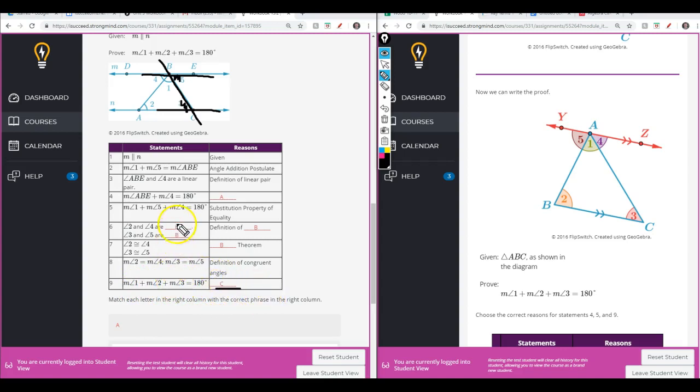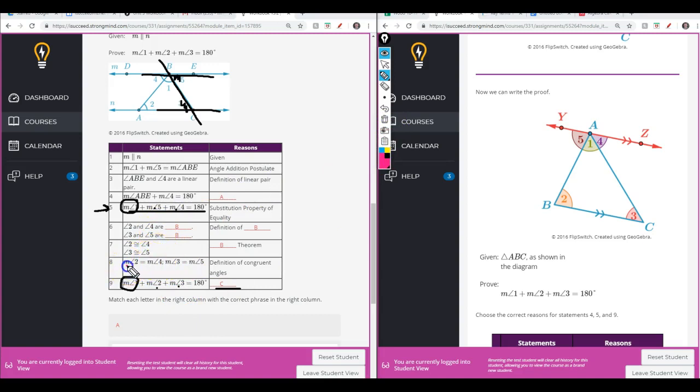If I'm going to continue using context clues and I look up here at statement 5, I notice that we have this same setup right there. I notice that measure of angle 1 lines up. Measure of angle 5 is now measure of angle 2, and measure of angle 4 is measure of angle 3. So I'm going to look and see if there's any other statements that can link these.